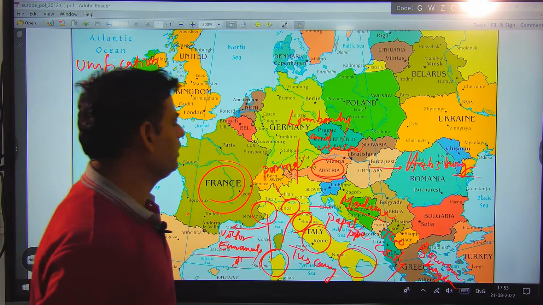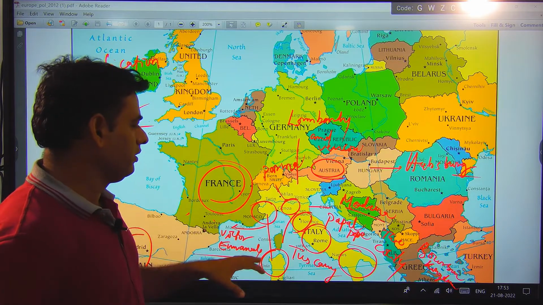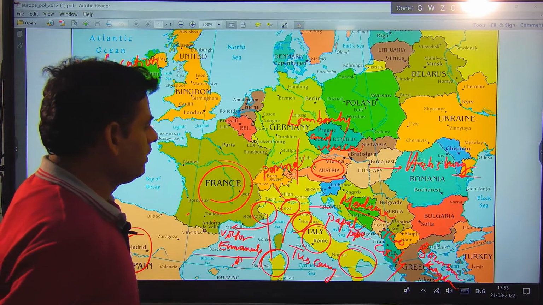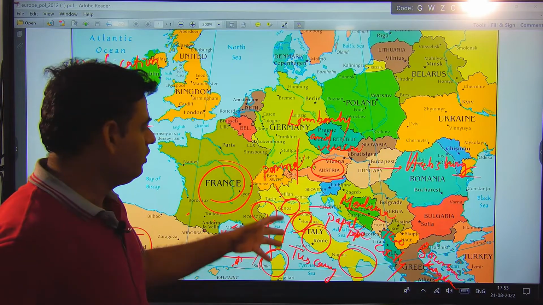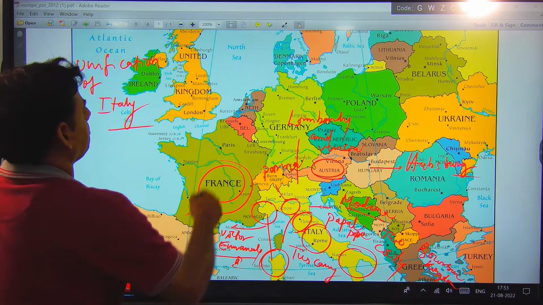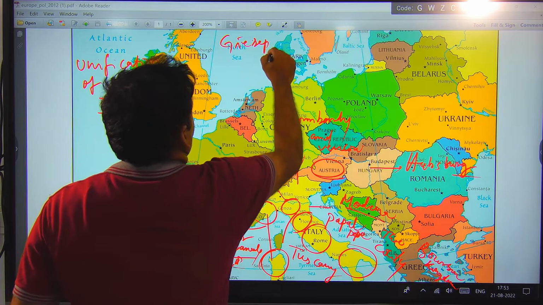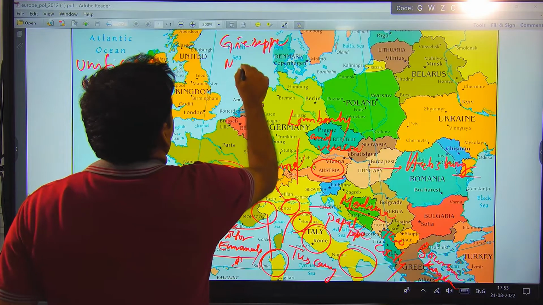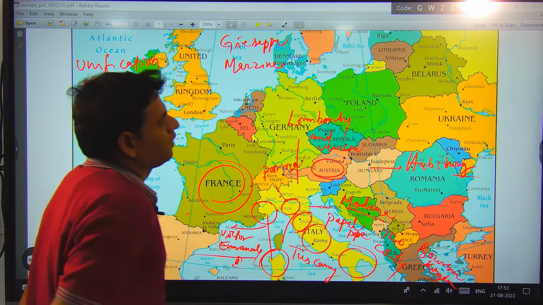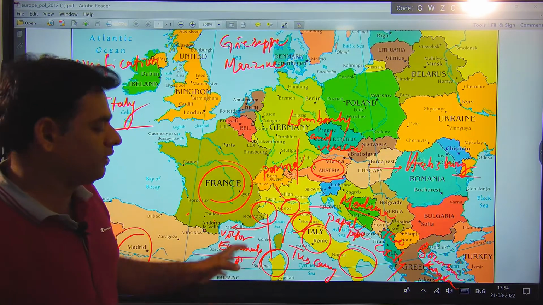So, now the task is, when Italy was politically fragmented, like a patchwork, somebody has to unify that. That task was taken up by Giuseppe Mazzini. He took the responsibility of unifying Italy.